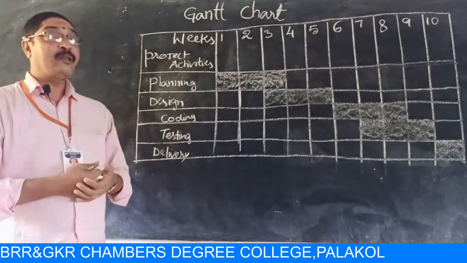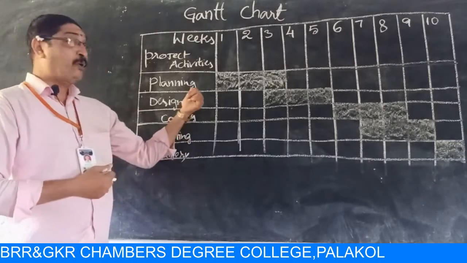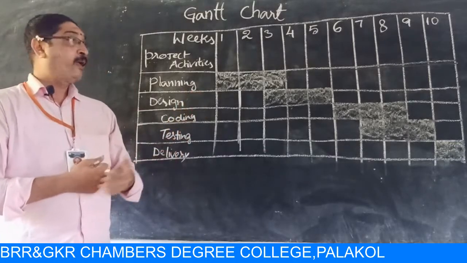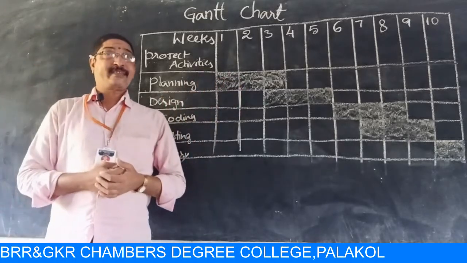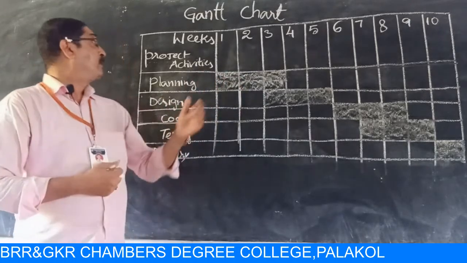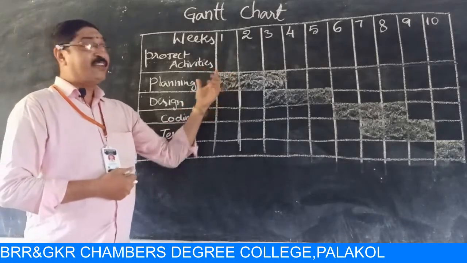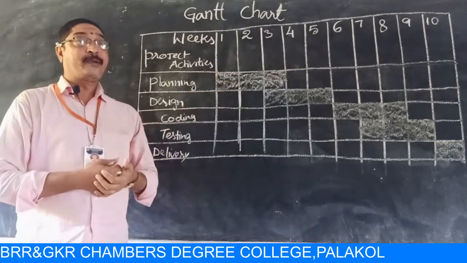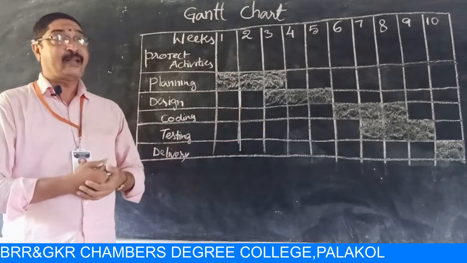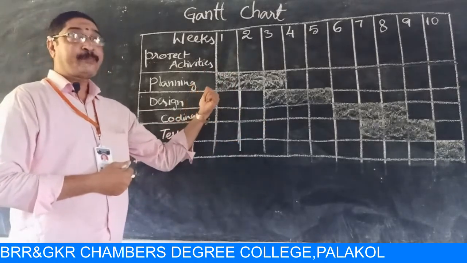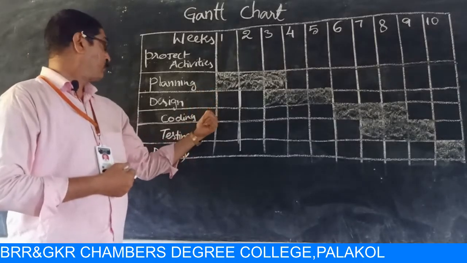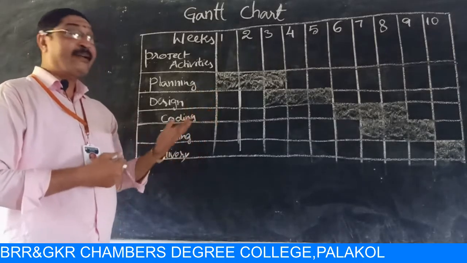Here as an example, we have taken 5 activities and we allocated 10 weeks. In which week, which activity will be performed? That is explained in this diagram. If you observe, the activities taken here are planning, designing, coding, testing and delivery.